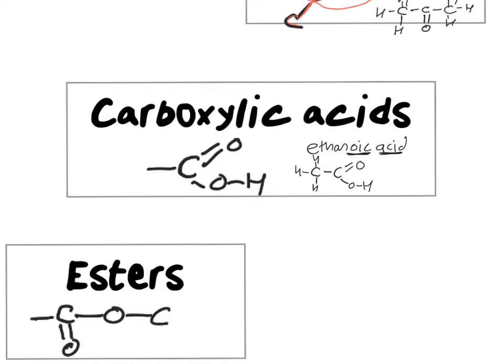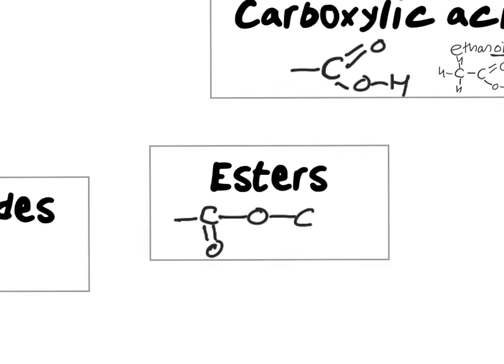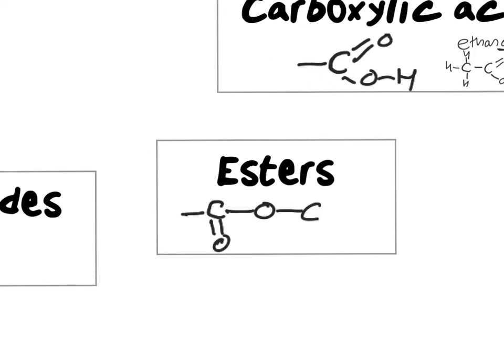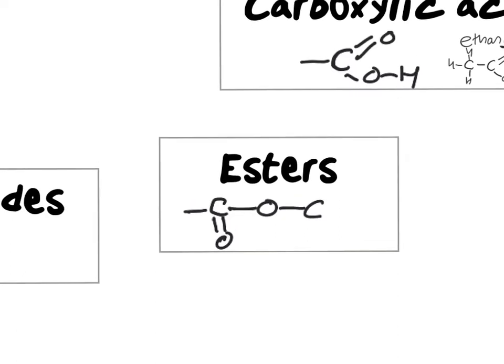Now, when we come to look at esters, esters are in fact a carboxylic acid joined to an alcohol. And therefore to name esters, a typical ester would be something like methyl ethanoate.